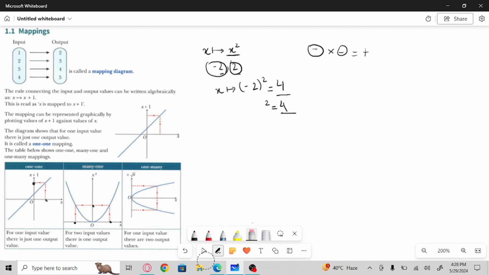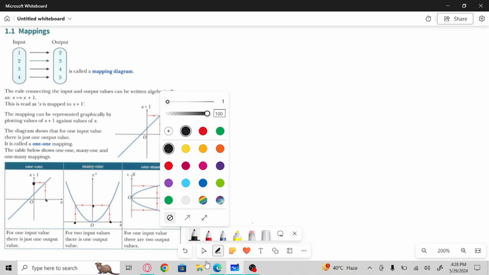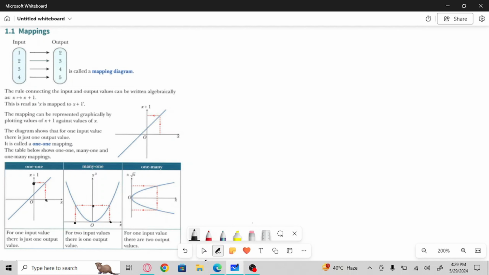Okay, now on to one-many mapping. One-many mapping means that for one input value we get two output values. For example, we have the equation that x is mapped to plus minus square root of x. It's given in the example actually. So if we take one random value, because it's one-many, say 2, we get plus minus square root of 2.